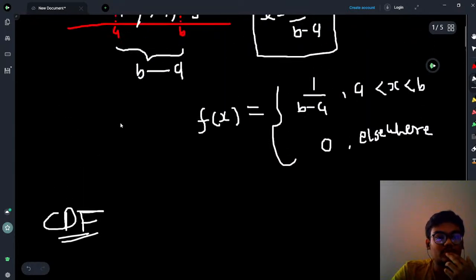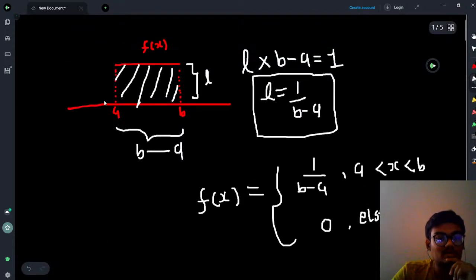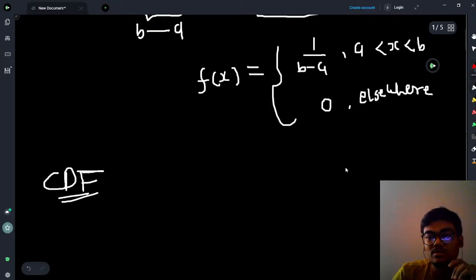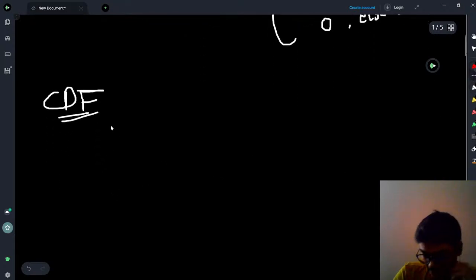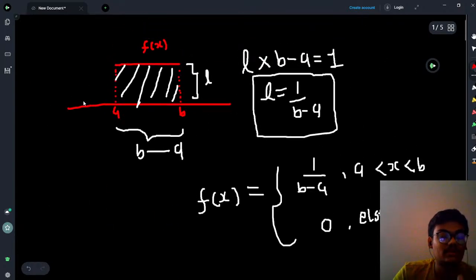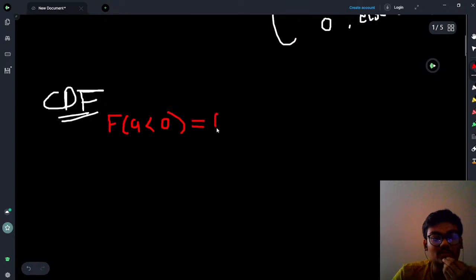Here we have three cases: minus infinity to a, then a to b, and then b to infinity. First, for x less than a, we are talking about this part. We don't have any function value there, as the function exists only from a to b, so the value is 0.